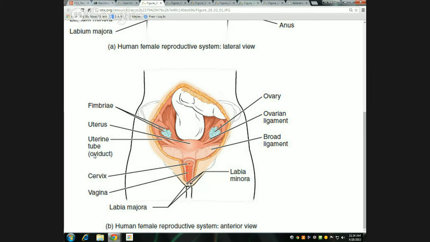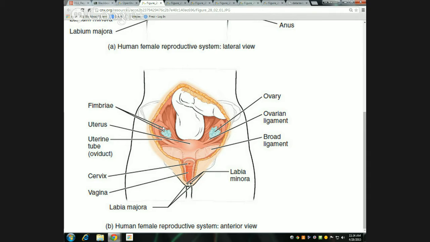Ovi, meaning egg, so it's the duct that eggs move along. It's also referred to as the fallopian tube, which is kind of an old-fashioned name for it based on whoever first described it, that person's name. But we'll tend to use uterine tube, again, a nice straightforward anatomical name for it.